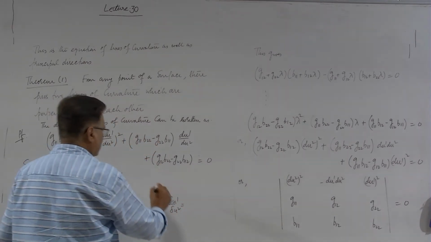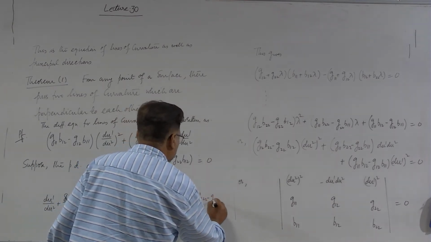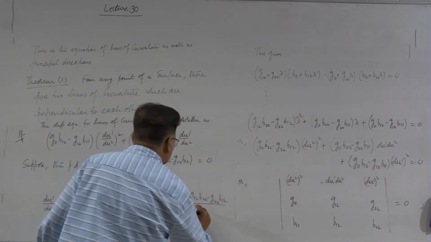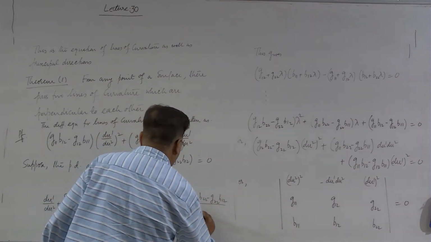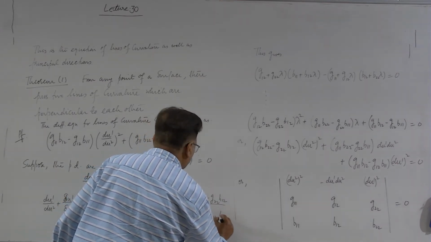This is G12 B22 minus G22 B12 upon G11 B12 minus G12 into B11.